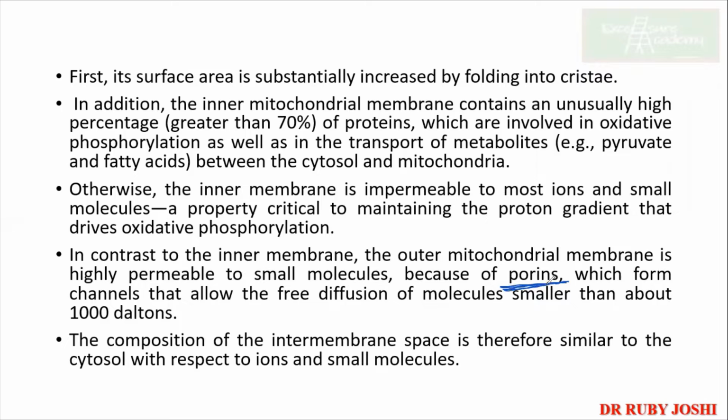As I said, most of your integral membrane proteins are alpha helices, whereas porins are the only ones made up of only beta sheets. They form channels and allow free diffusion of molecules smaller than about 1000 Daltons. So the composition of the intermembrane space is similar to the cytosol with respect to its ions and small molecules. So this is important to understand, how the intermembrane space composition and the cytosol composition are the same.